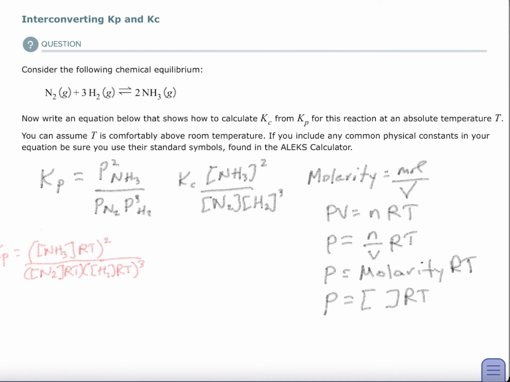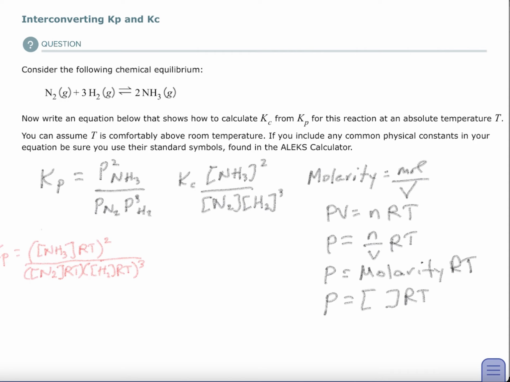Okay, so I've got K sub P equals, and you see it's n over V RT. Well, n over V is your concentration. So the stuff on the top is the ammonia, so the concentration of the ammonia times RT squared, divided by the concentration of the nitrogen times RT, and then the cube of the concentration of the hydrogen times RT.